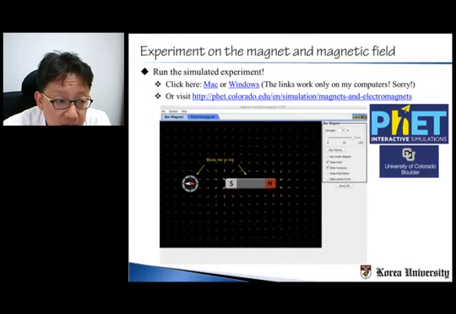Remember that in the case of the electrostatic Coulomb force, we interpreted it using the electric field. Similarly, here we will eventually think about the magnetic version of the field. To get some idea about the magnetic field and also the magnetic force, let's try this simulated experiment.